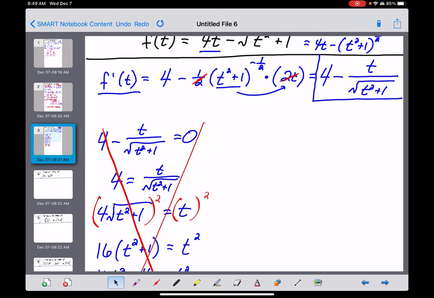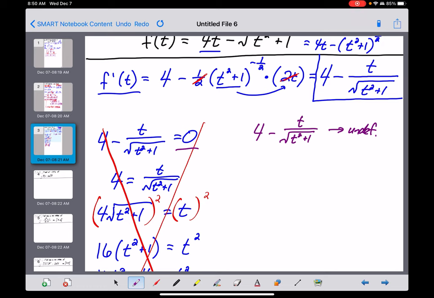So what would make an expression like 4 minus t over the square root of t squared plus 1 undefined? Now, being undefined is weird. It's not a number the way that 0 was. So I can't just start moving terms around and dividing by 4 or anything like that. So you kind of have to freehand this one, at least mentally, and think about what would make this happen.